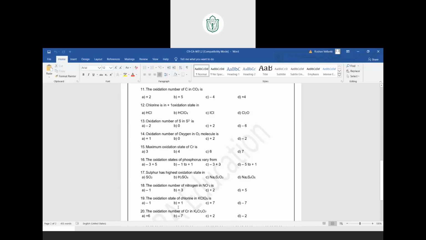Next, oxidation number of chromium in K2Cr2O7, that means potassium dichromate. What is the oxidation number of chromium in potassium dichromate? Sir, how many oxygen atoms are there, sir?